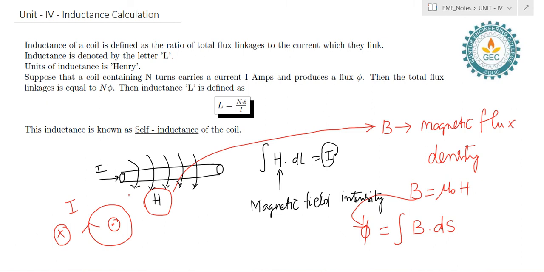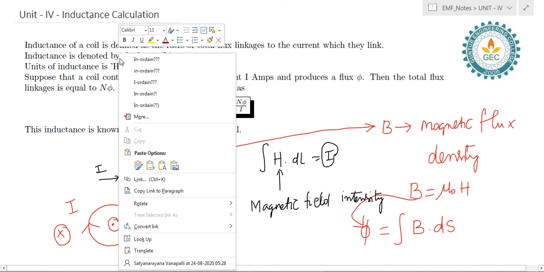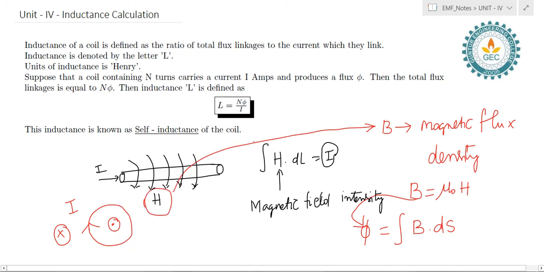If there exists more than one such loop, the current direction is the same, but because of the second loop, phi is the flux that is produced, and because of the first loop, phi is the flux that is produced.